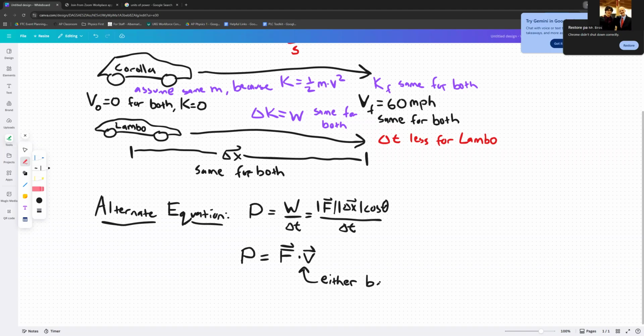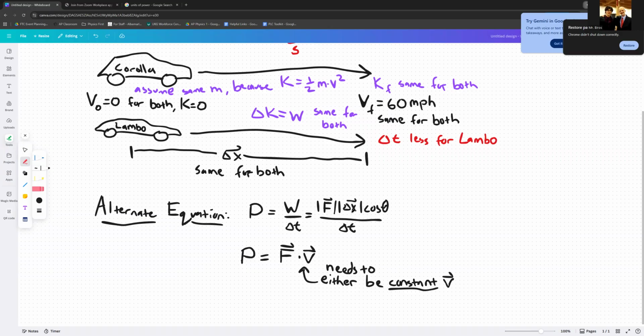It needs to either be constant velocity, in which case, if something goes three meters per second and then it's still going 3 meters per second and then it's still going 3 meters per second, the average velocity there is just 3.